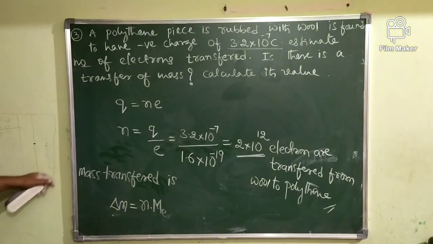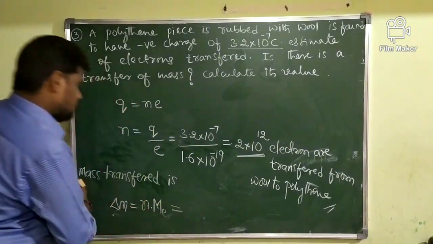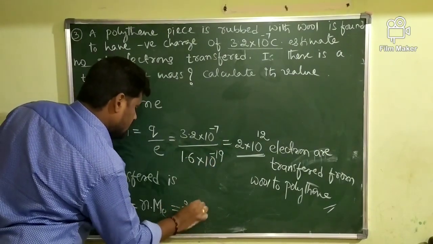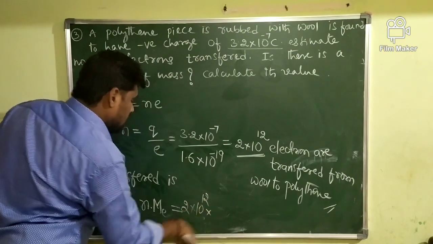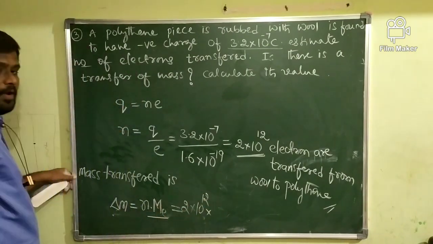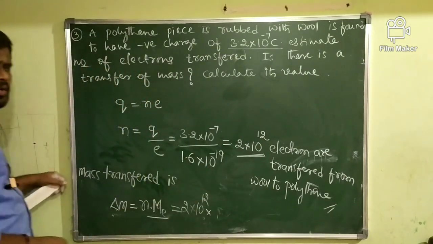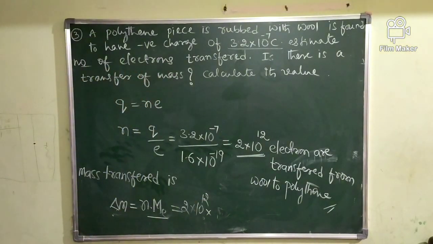N into mass of electron, which is equal to, what is N? 2 into 10 power 12 multiplied by the mass of one electron, we know it is nearly 9.1 into 10 power minus 31 kg.